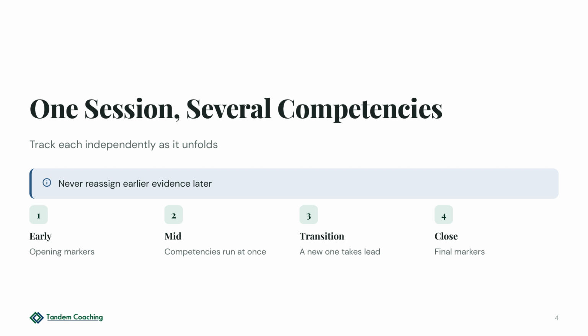Watch the transition moments where a shift makes a new competency primary. At the close, final markers emerge, and here is a discipline for the close. Do not retroactively reassign earlier evidence. What you observed at minute 3 was evidence for the statement that was live at minute 3. Resist relabeling it because of something that happened later.